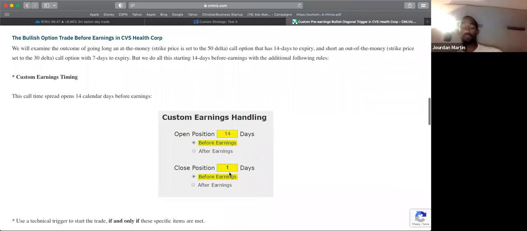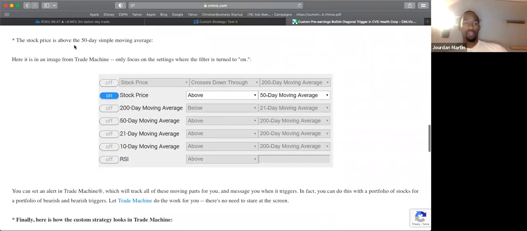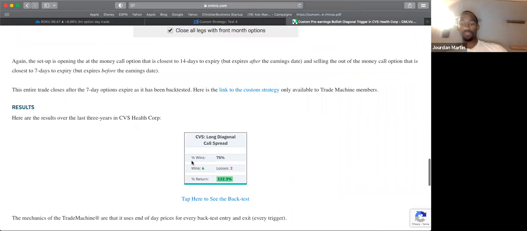You can close it there. If you close the trade 1 day before earnings, you open it 14 days before, you set it up like this, right? And the stock is above the 50-day moving average. Scroll down. These are the results you would have had, all right?